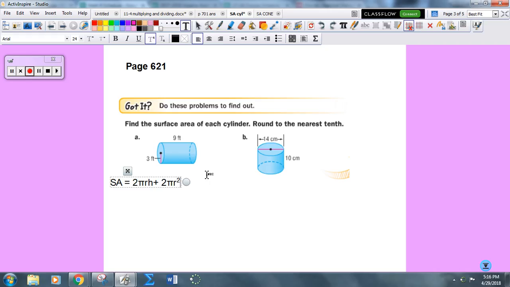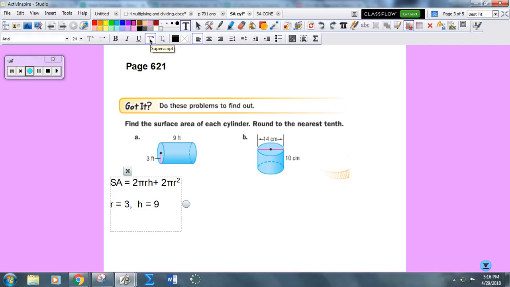So when I look at that formula, I know that r equals 3. I'm still on superscript. Sorry about that. r equals 3 and h equals 9.